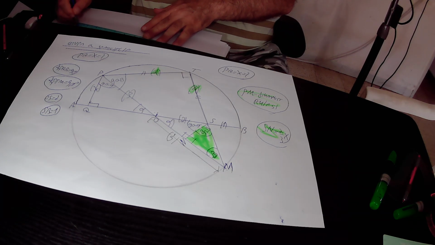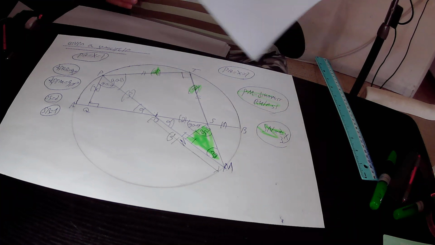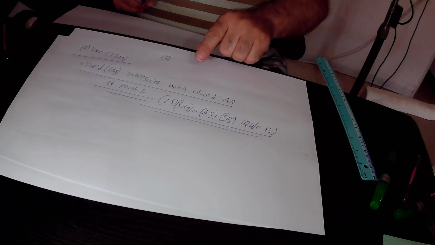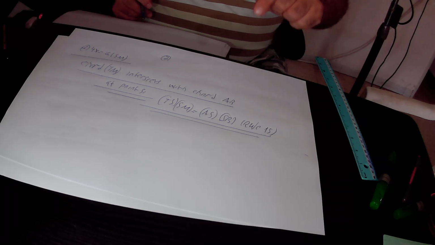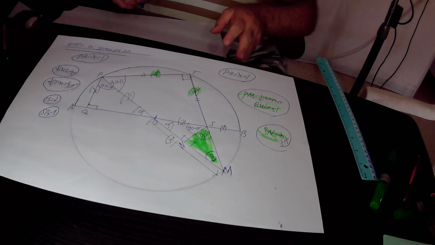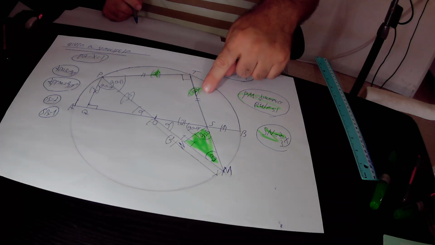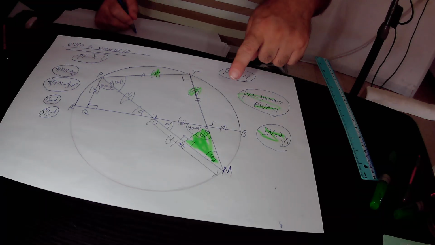Repeat again. According to rule 15, the following equation will be true: TS times SM equals AS times SB. TS equals A according to our definition, times SM.